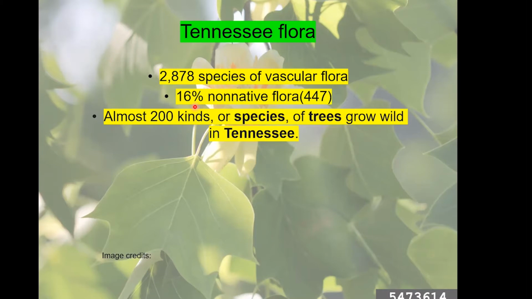When it comes to trees, there's almost 200 species, which means they're separate individual types. If you went to a garden center, you might see different types of trees, which are called cultivars. Species are the kinds, and then a certain species might have 1 to 50 cultivars.